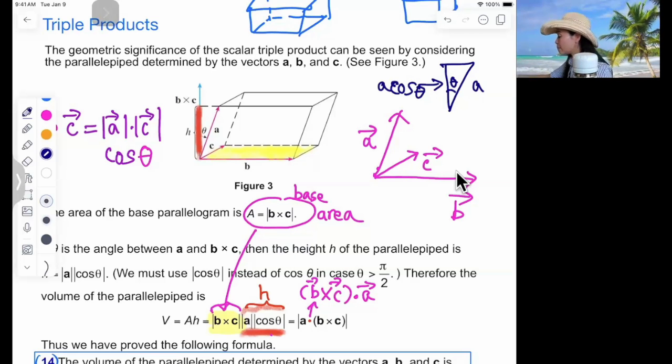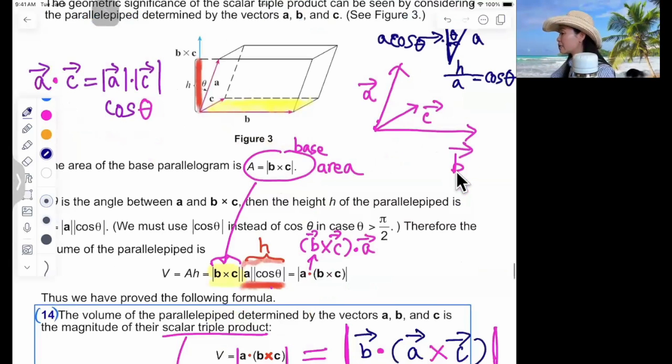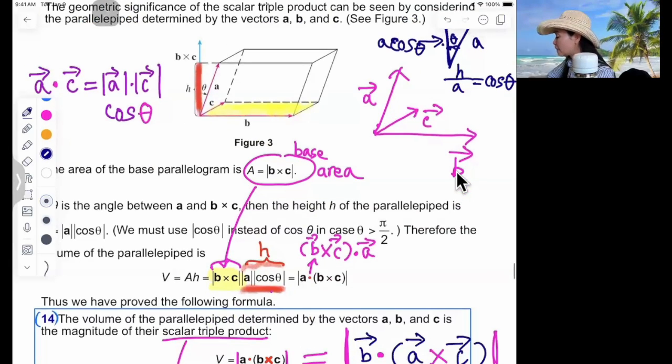Because this over A is cosine. Sorry, H over A is cosine theta. You agree, right? So H is equal to what? A times cosine theta. Yes, so H is A cosine theta.